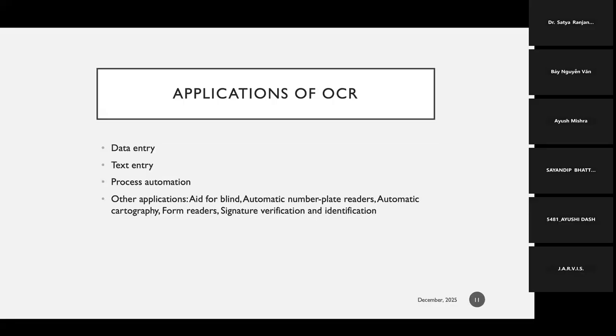That's quite a lot, right? Let's talk about many other applications of OCR. The above areas are the ones in which OCR has been most successful and most widely used. However, many other areas of application exist, and some of these are mentioned. First is aid for the blind.